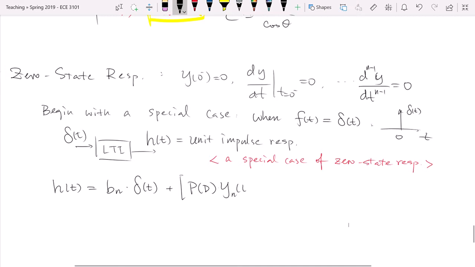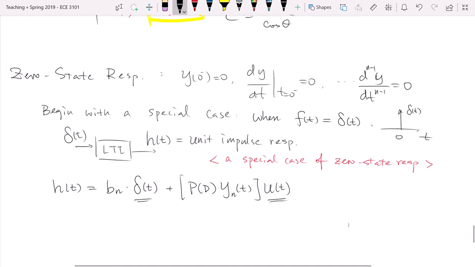And while I'm writing this, try to think about how each one of them can relate to what we have discussed. Times u of t. And that's it. This is the general form of the zero state response when the input is delta t. This is your unit impulse response. Now, you should know when you see this what is delta t, what is u of t.